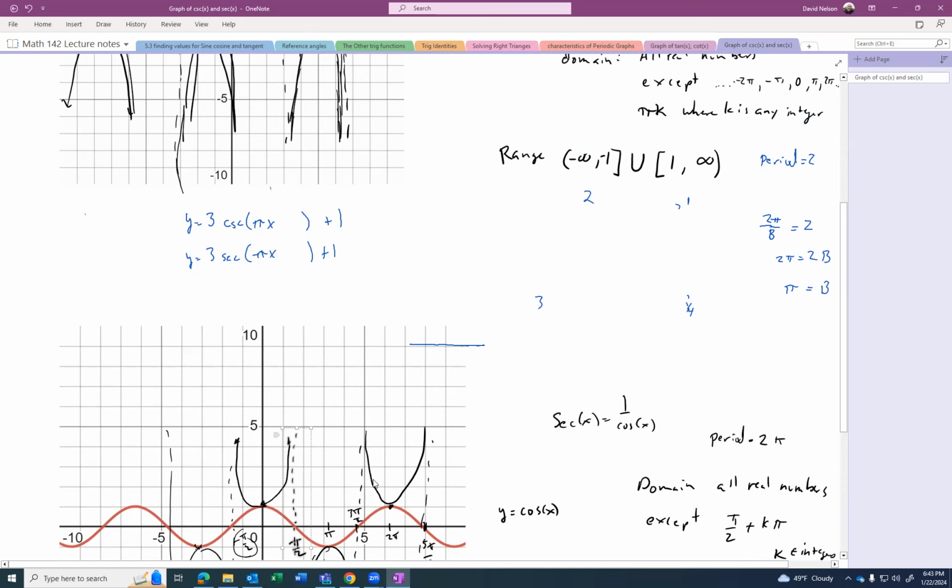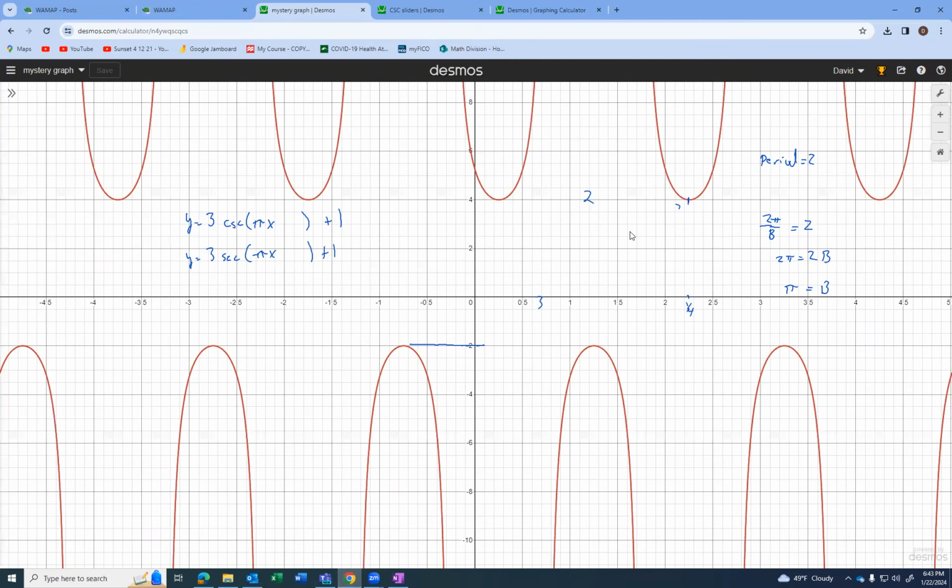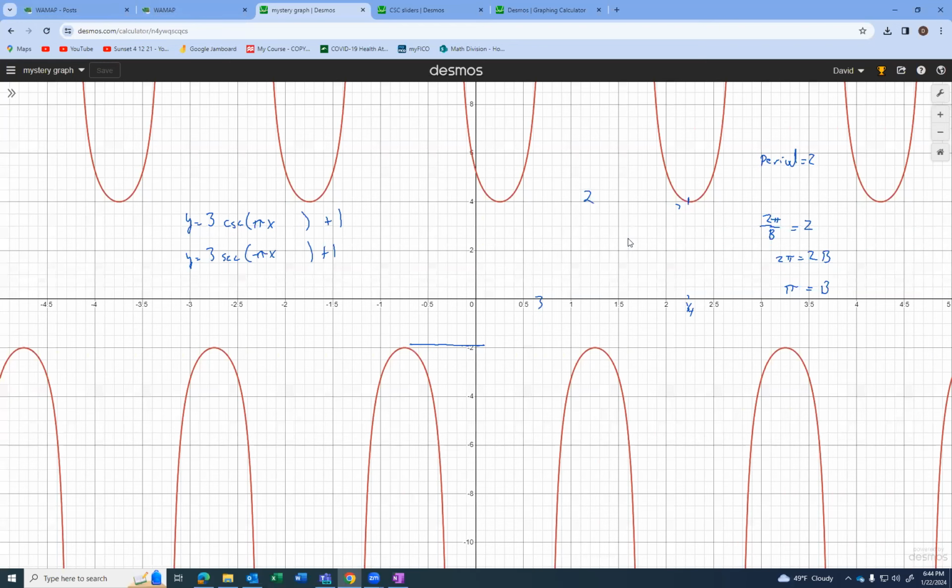And so what I want to go back and look at is what I've got there. If I'm looking for a cosecant, I want to look for an asymptote, in particular an asymptote between an upper branch and a lower branch. So it looks like I've got a vertical asymptote right about there.